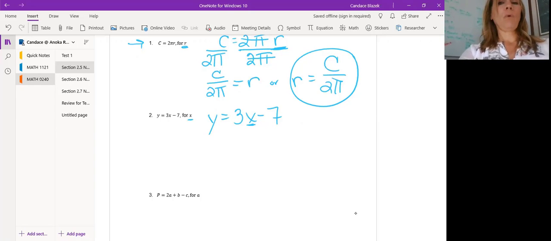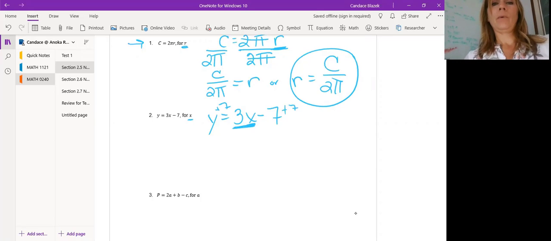So step 4 says to use the addition property to get the variable terms that we're trying to solve for on one side and all of the other terms on the other. So since we're trying to solve for this x, I'm going to keep this 3x on one side, and I'm going to move that minus 7. And I'm going to move it by adding 7 to both sides.